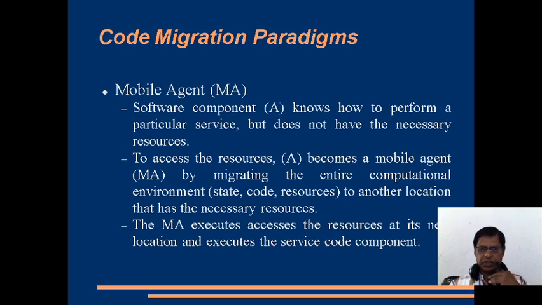To access the resources, A becomes a mobile agent by migrating the entire computational environment, state, code, and resources to another location that has the necessary resources. We can think about one point here.